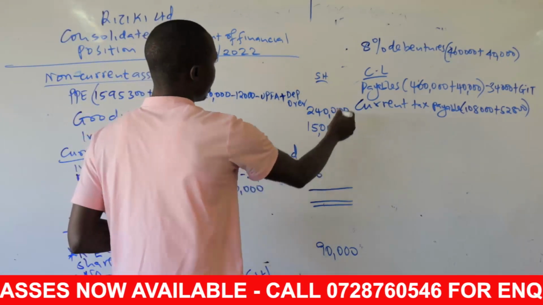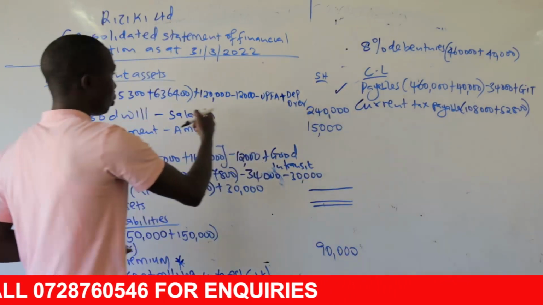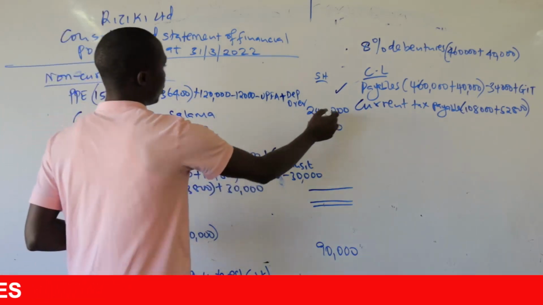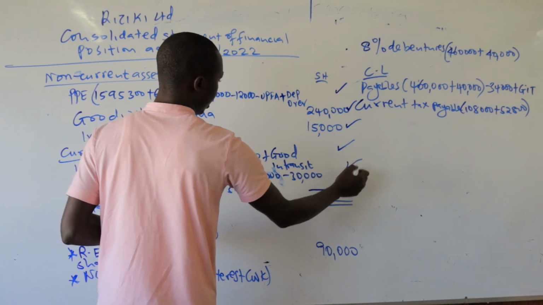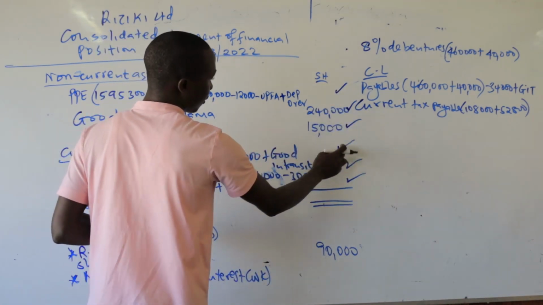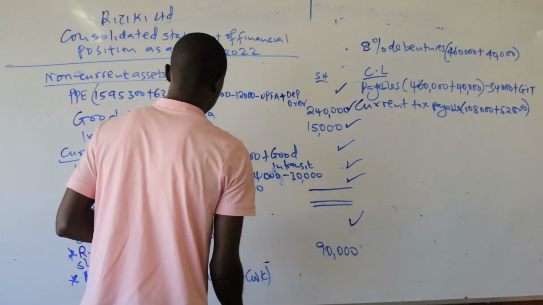Because if you do the computation for PP, you have your mark. You will use your calculator to get the figure at the end there. Then goodwill, you have this. For inventory, you have another one. That is another one. So 1, 2, 3, 4, 5, 6. For ordinary share capital, that is another one.